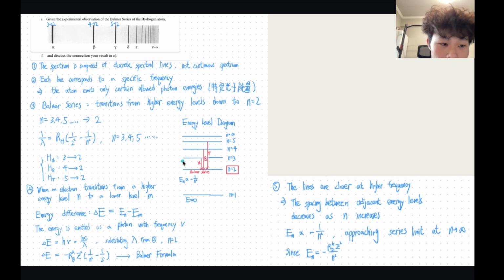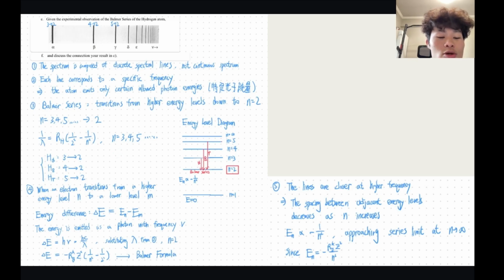And n is only a positive integer, so we can know that 1 over lambda is equal to RH times 1 over 2 squared minus 1 over n squared. And this gives the wavelength of the photons.